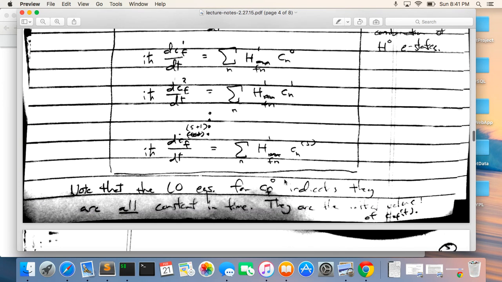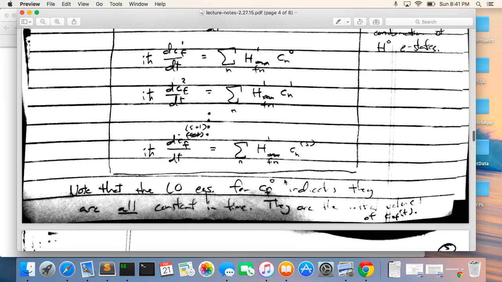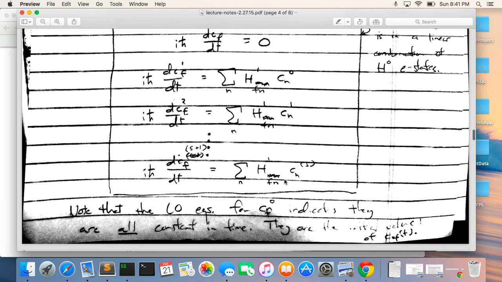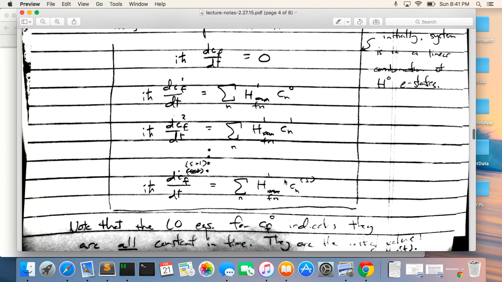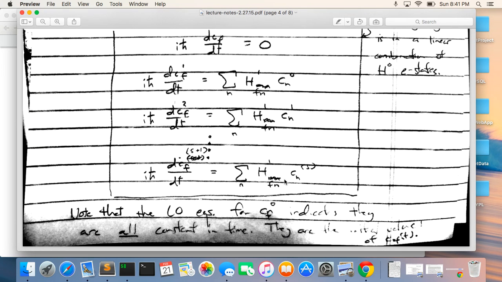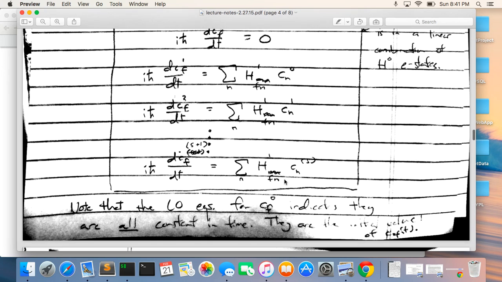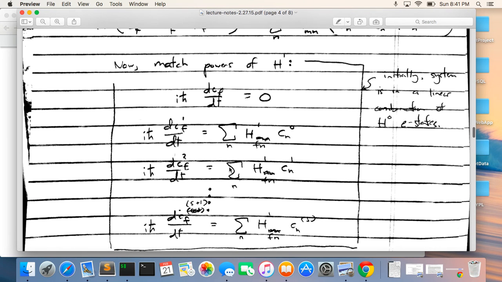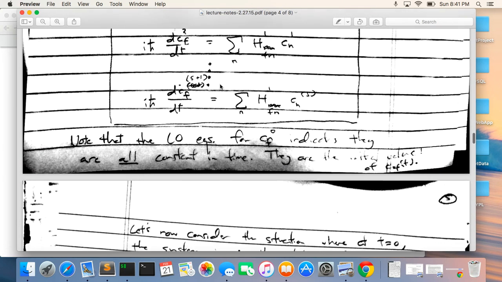Okay, so that'll be our general approach. Note that the leading order equations indicate they are all constant in time, which is what I was saying before.